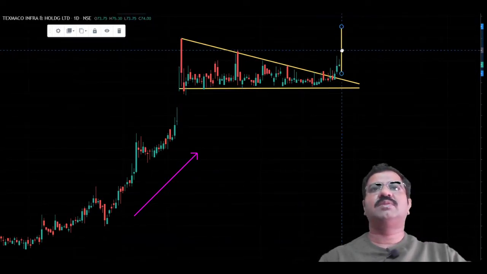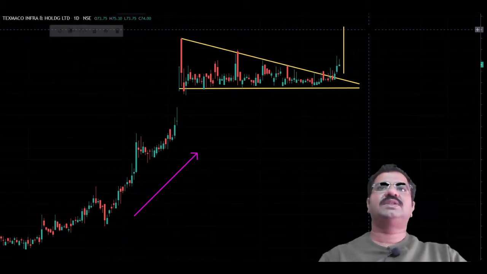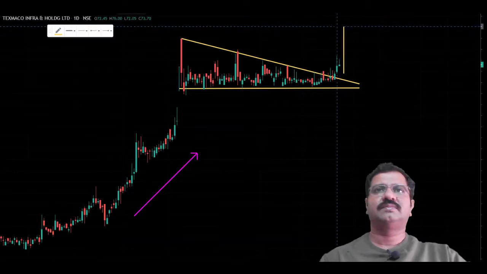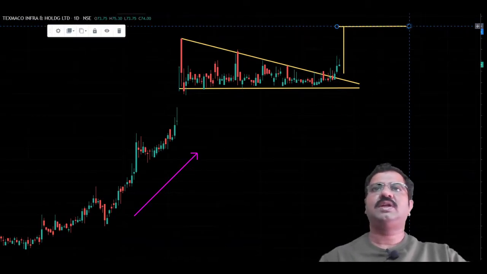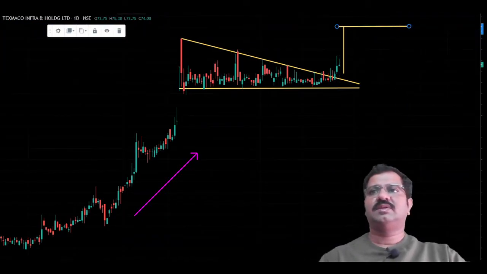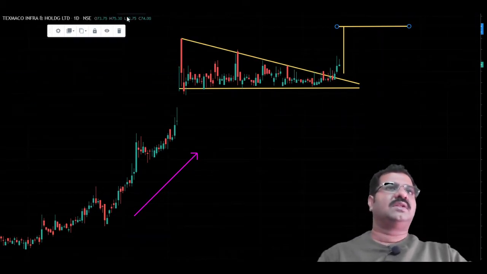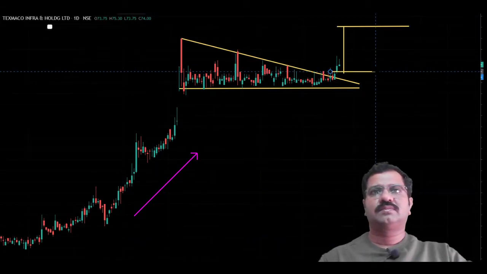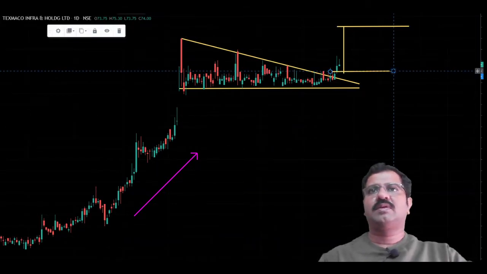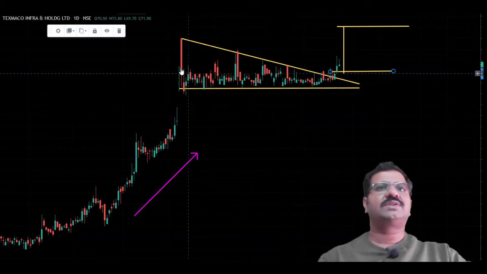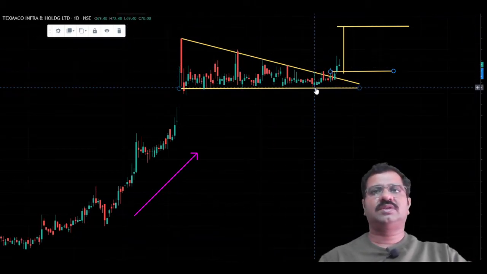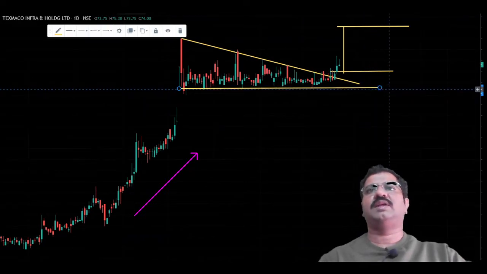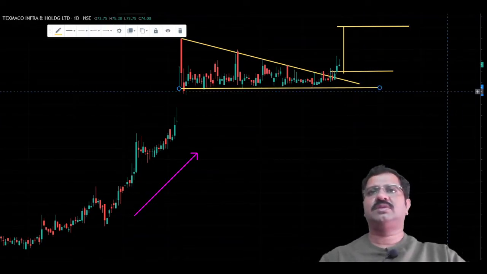After breakout from this point, when price goes to here, you have to exit. So this is your target line, this is your entry line, and the previous low, this support line, is your stop loss.